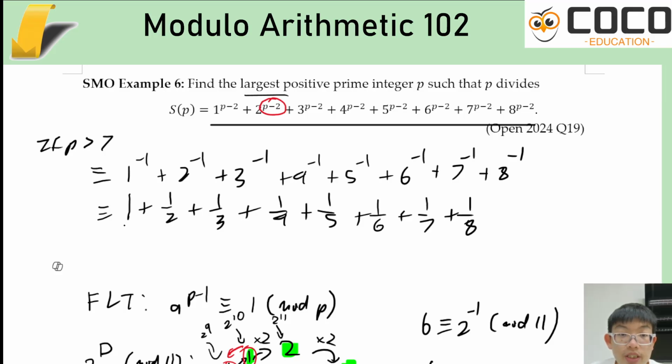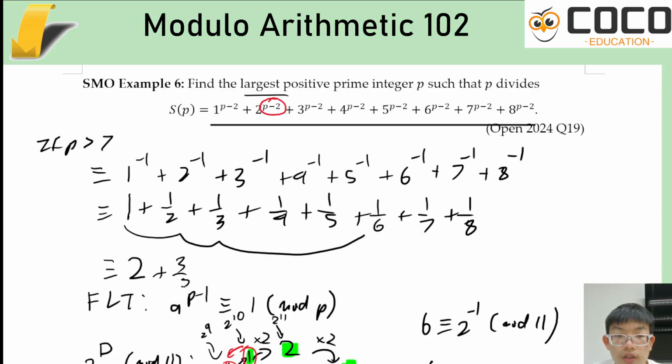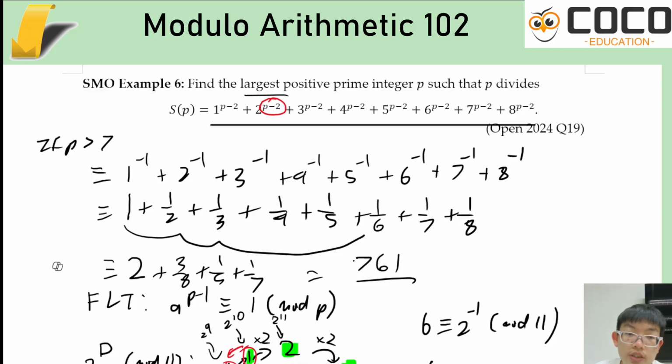If we do a bit of addition, this half, 1/3, 1/6 is 1, so there is 2. You're left with this, which I do need to add, and this is 761, which you accidentally saw just now, over 280.